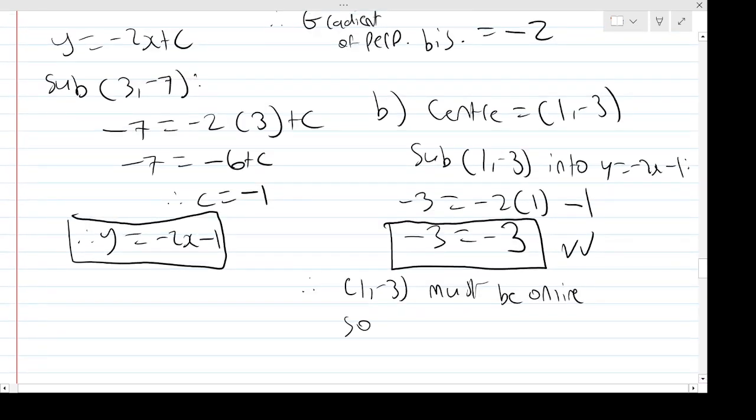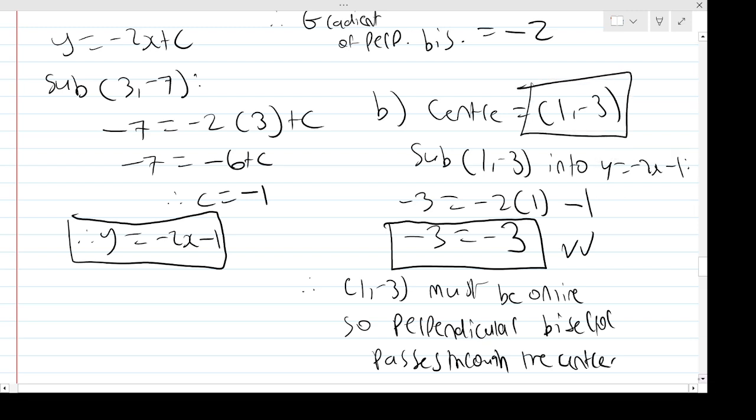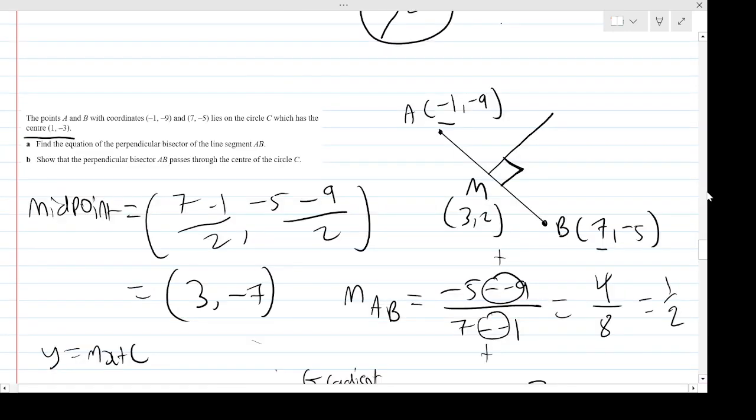So the perpendicular bisector passes through the centre, because the perpendicular bisector is this line here, and the centre was this point here, and the point satisfies the equation of the line, which means the point must be on the line. Cool, there we are, finally. Had some little hiccups there, but we got there in the end.